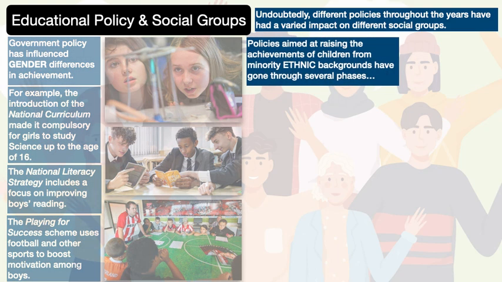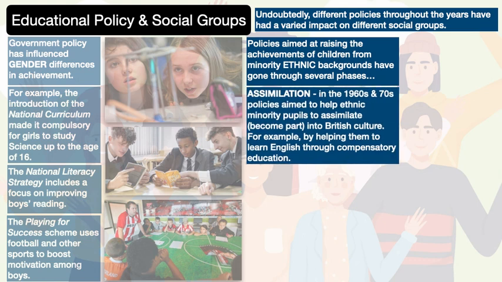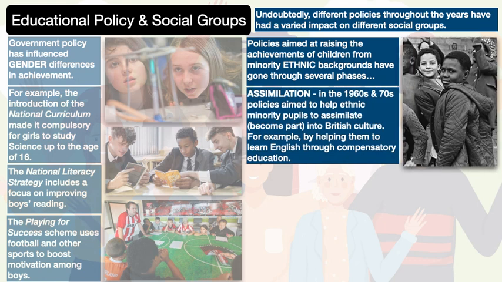Likewise, there have been many policies aimed at raising the achievements of children from minority ethnic backgrounds, and these have gone through several phases. In the 1960s and 70s, we had assimilation. These policies aim to help ethnic minority pupils assimilate or become part of the British culture, as many of them and their families would have arrived fairly recently at this point. For example, helping them to learn English through compensatory education.